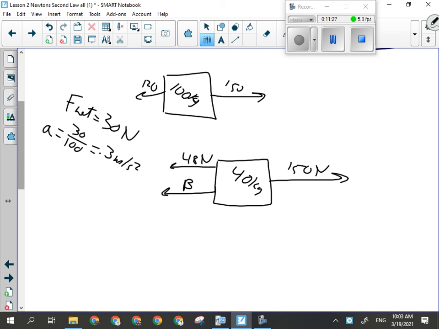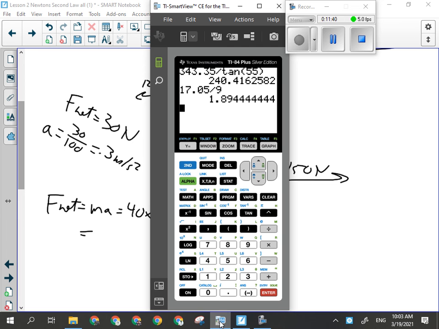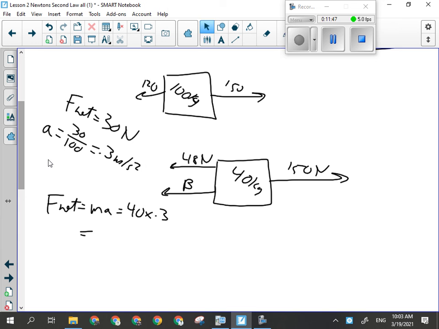I know the acceleration of the 40 kilogram box, so I can calculate the net force acting on it by going mass times acceleration. So 40 times 0.3 will give me the net force. That's the first thing I have to do. 40 times 0.3, so we're looking at 12 newtons.